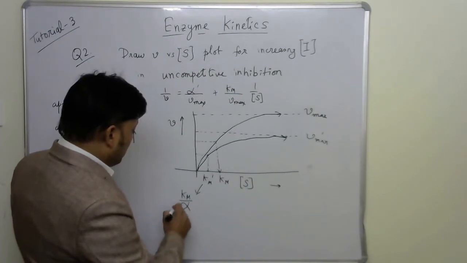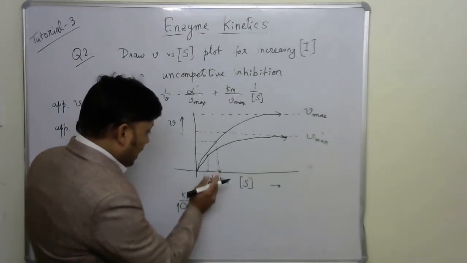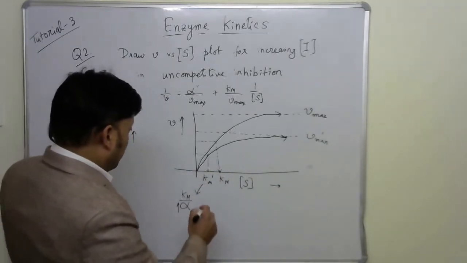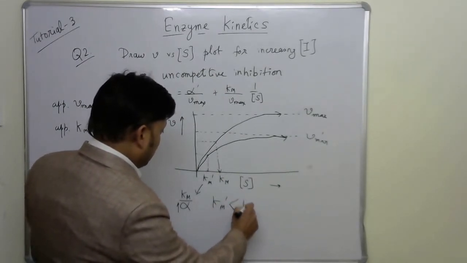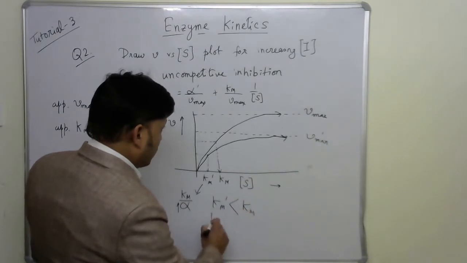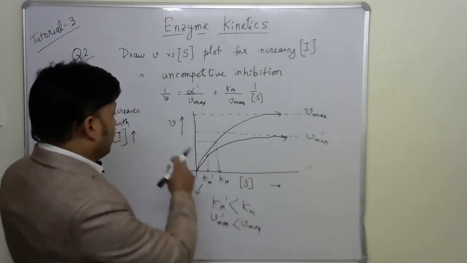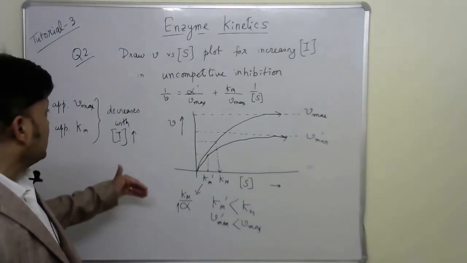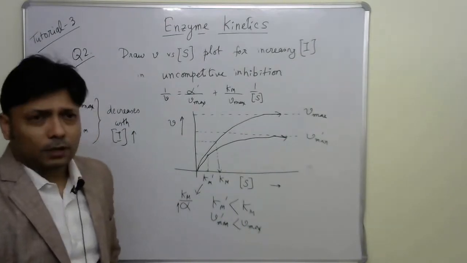So with increasing alpha value, consequentially the Km prime value would keep on decreasing. Definitely here Km prime is less than Km, and also Vmax prime is less than Vmax. So this is how the V versus S plot goes for an increasing concentration of I for uncompetitive inhibition.